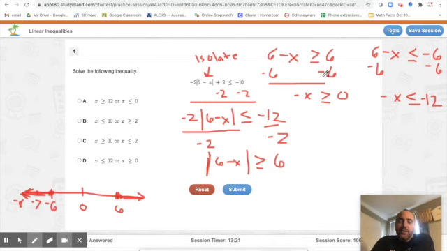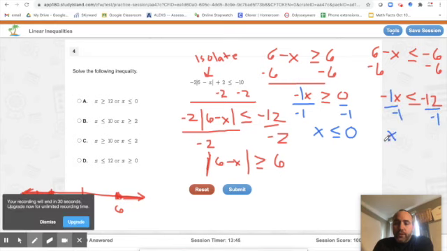We can look at this as -x and taking the opposite of both sides, or I know some people like to think of this as -1x. So if we divide both sides by -1, that's going to flip the inequality. All right. Regardless of it being 0, we still have to make sure that we flip that inequality. So dividing by -1 on this side over here makes it x is greater than or equal to 12.